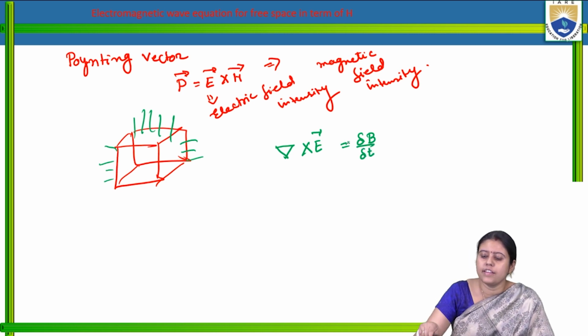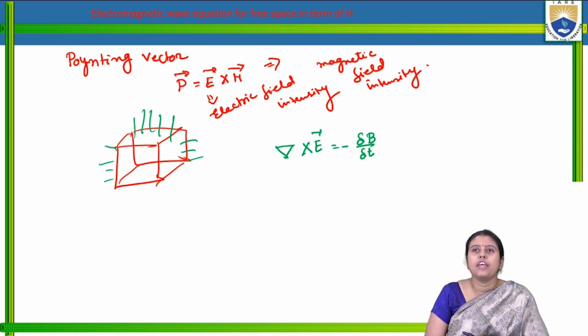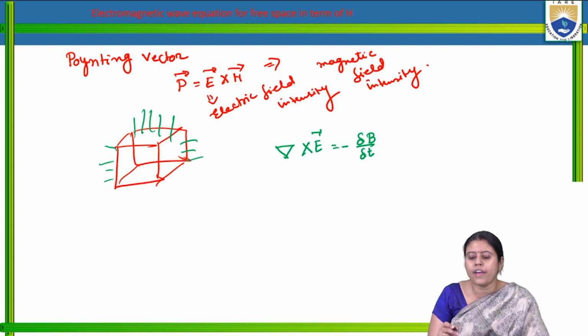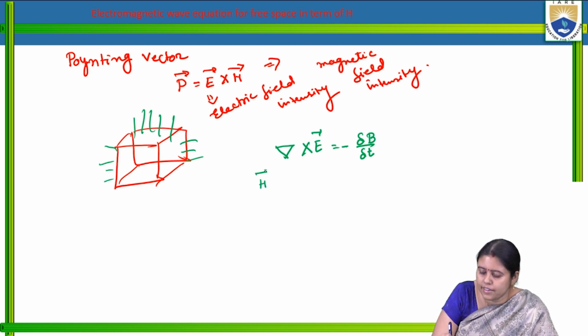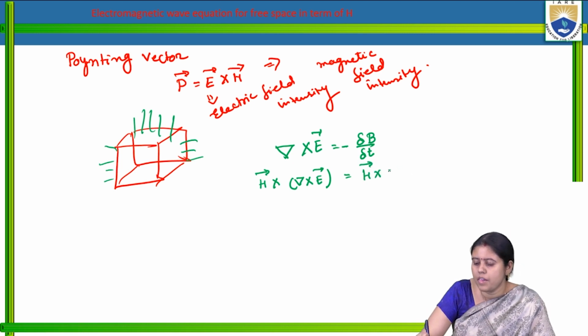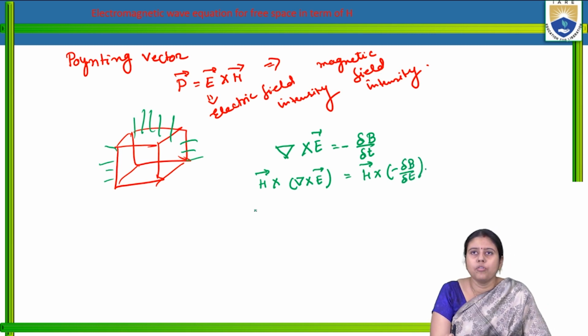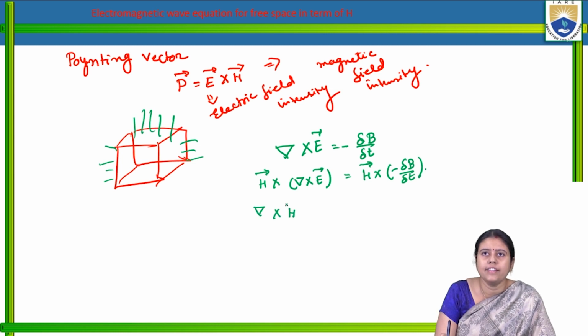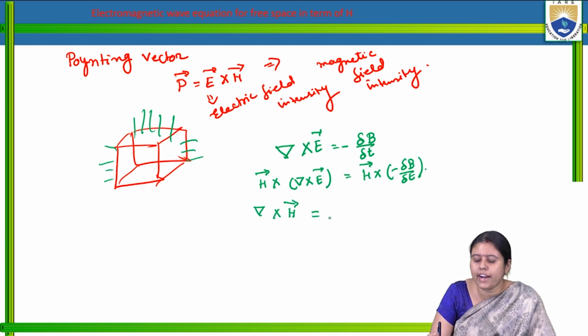We got grad cross E is equal to minus del B by del T. Now, if we take H cross both sides, we can write H dot grad cross E is equal to H dot minus del B by del T. Again, we know that grad cross H, what is grad cross H?